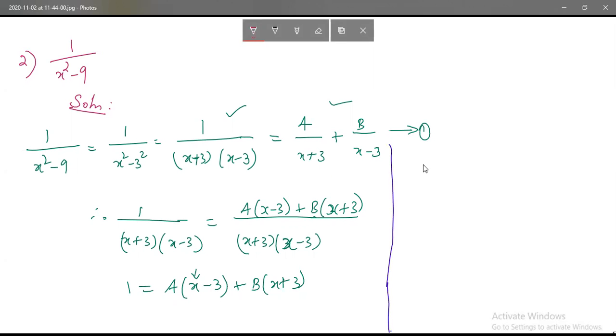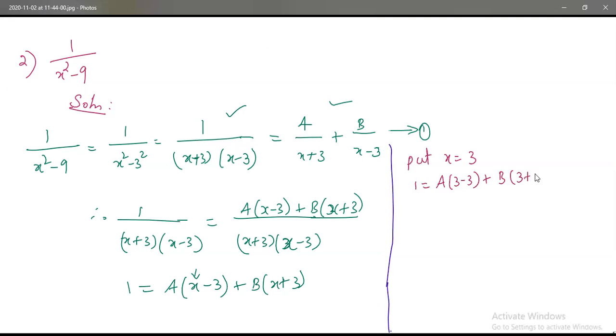So let us substitute, put say x is equal to 3. When you put x is equal to 3, what does it become? 1 is equal to a into 3 minus 3 plus b into 3 plus 3. So this term gets eliminated.